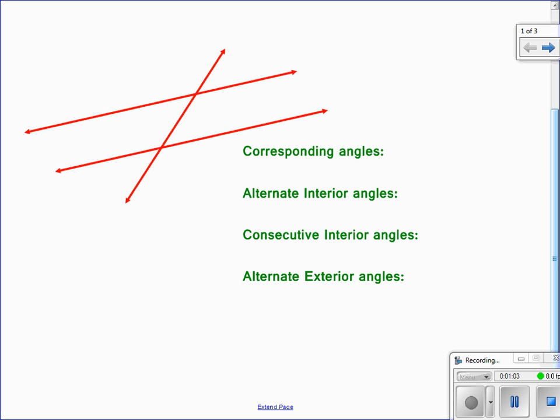Are we noticing a pattern as you're measuring? Hopefully you're seeing that pattern.